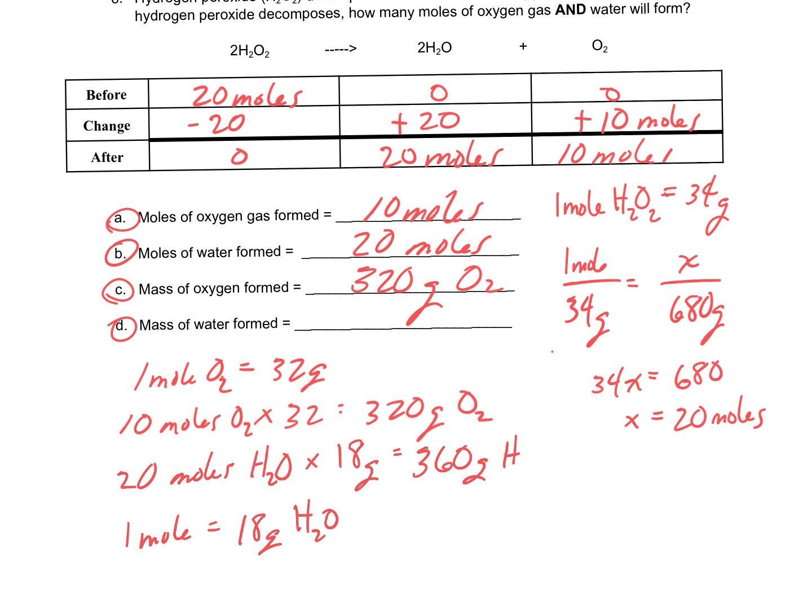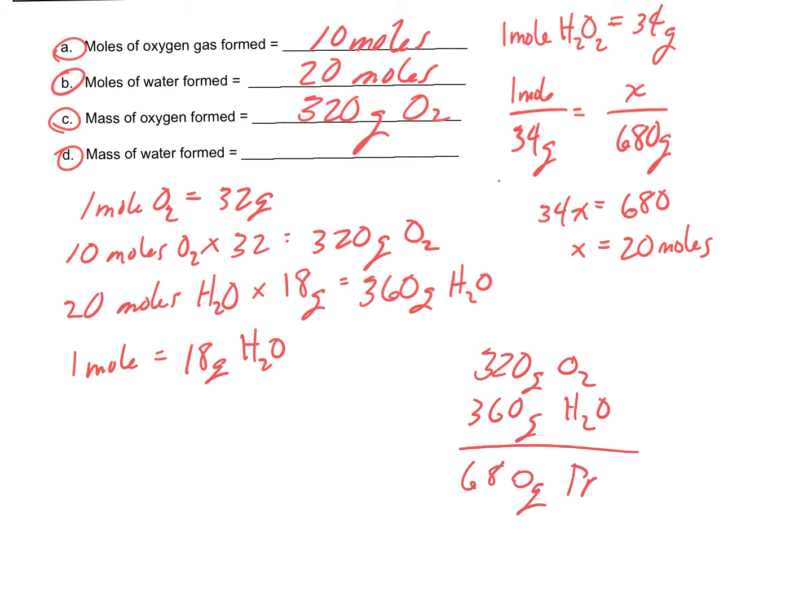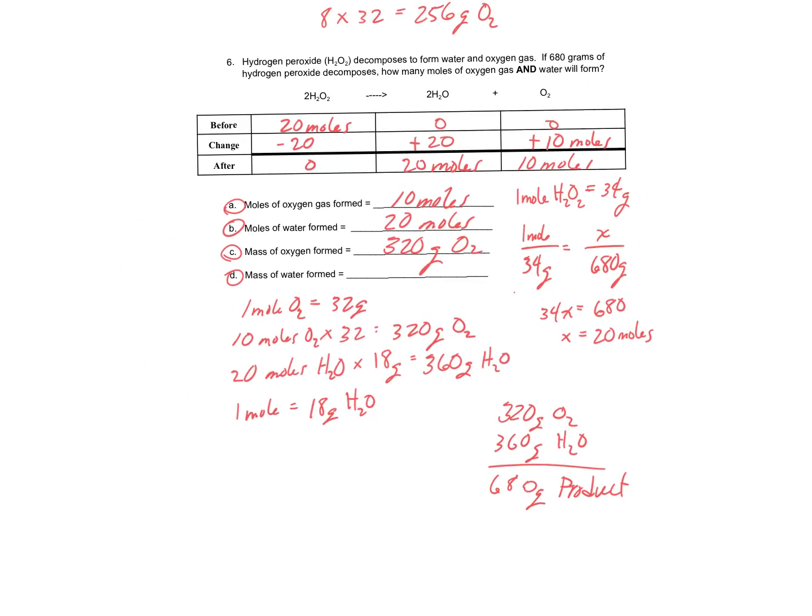grams of water. Okay. Now, an interesting side note I think would be worthwhile showing you. That's 320 grams of oxygen. That's 360 grams of water. If we add those together, that is 680 grams of product.